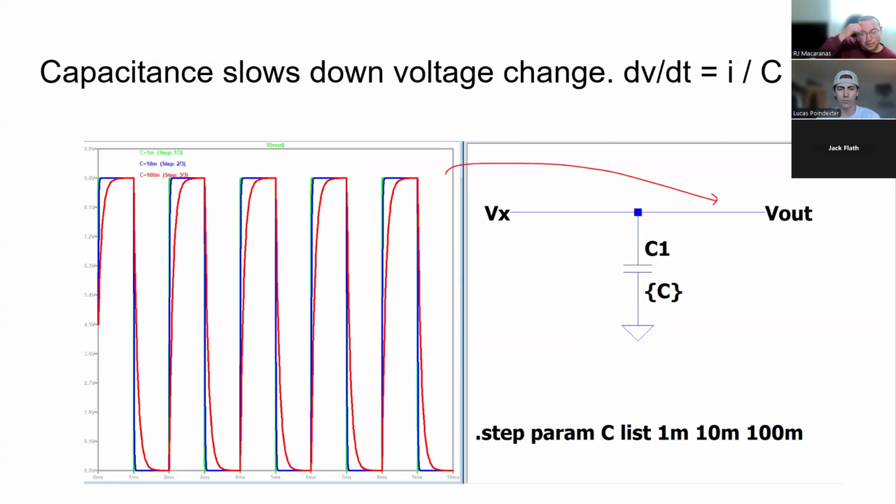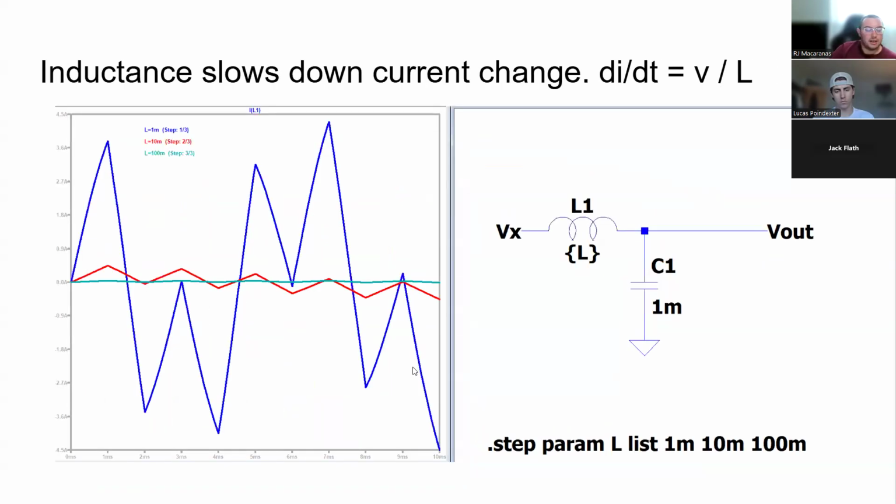So here I've just shown an example of stepping the capacitance in parallel with the output from 1 millifarad to 100 millifarad, and you can easily see that the voltage is slowing down. It's not seeing these fast transitions anymore. It's much slower as we step the capacitance up.